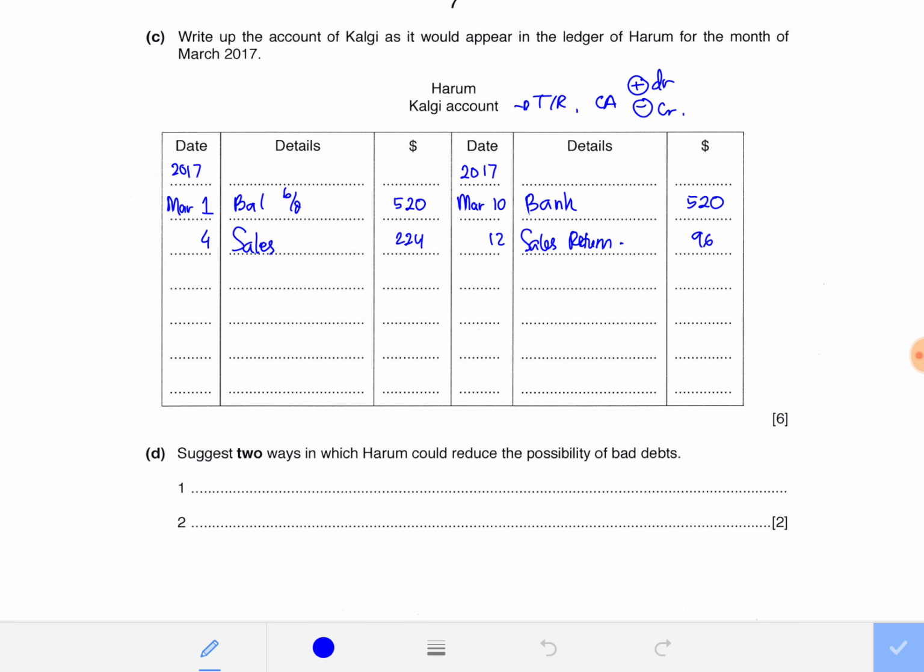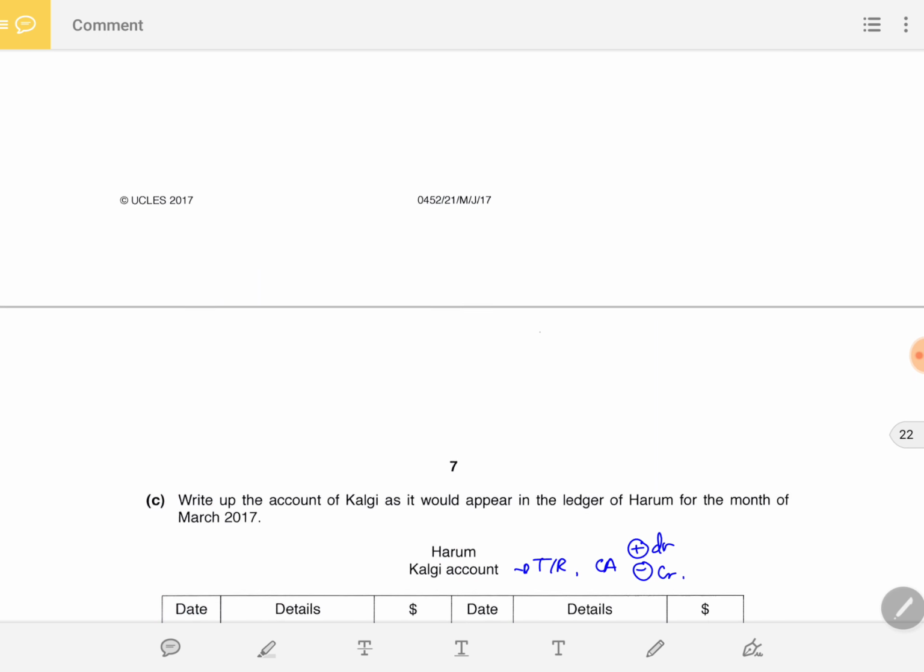It has to be cancelled, so you move to the debit side to make an opposite entry. You put bank, and then the details, dishonored check, with the same amount, so it is now cancelled out.